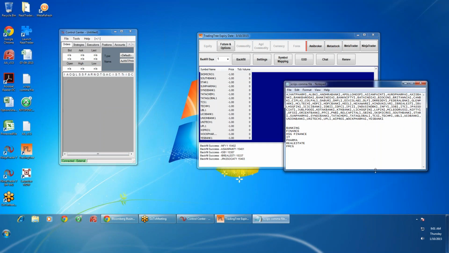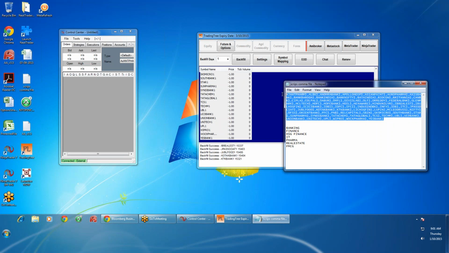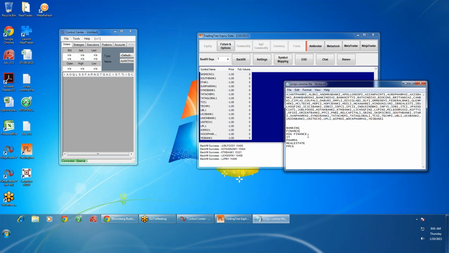The sectors I am trading in this particular system are banking, finance, housing finance, IT, pharma, real estate, and FMCG. I have another system where the rest of the categories are added, like auto, telecom, infra, and other stuff. The idea is a sort of pairing.